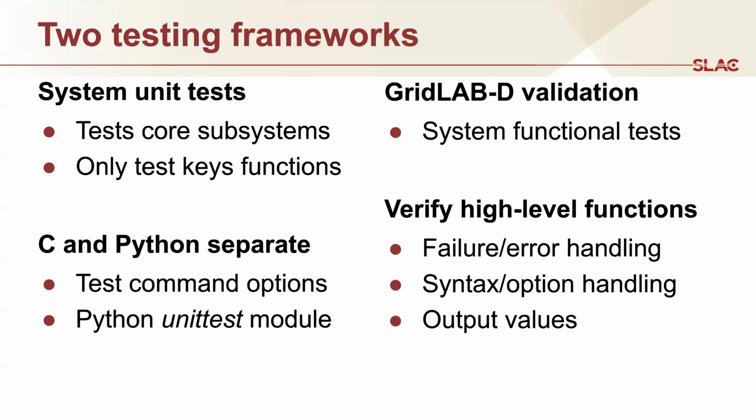Basically, we just run them whenever we change something in a particular part of the subsystem, and for the most part, we don't need to rerun those tests. There are also tests built in for Python as well, and we'll talk about using the Python unit test module to verify all the subcommands and tools that are built on Python itself.